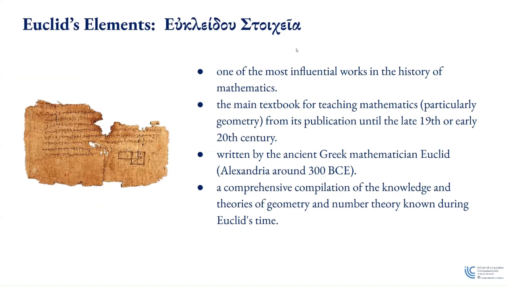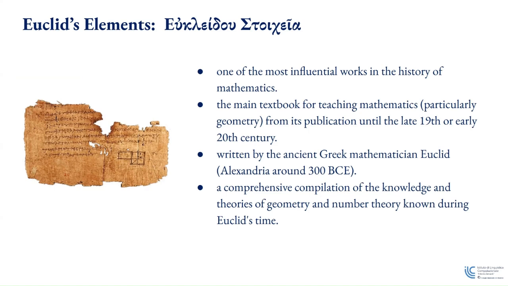As you might know, Euclid's Elements is one of the most influential works in the history of mathematics, and it's the main textbook used for teaching mathematics, especially geometry, from its publication until the late 19th or early 20th century.